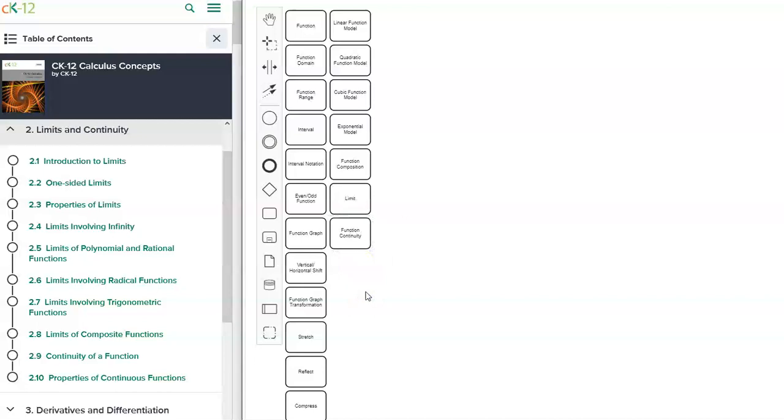And I say function continuity. You say? Alright. Function continuity. Properties of continuous functions. So we have a lot of things here. So let's go ahead and get started. Continuous function.